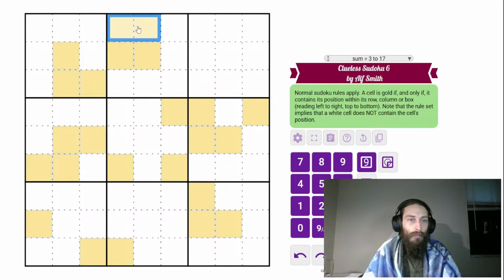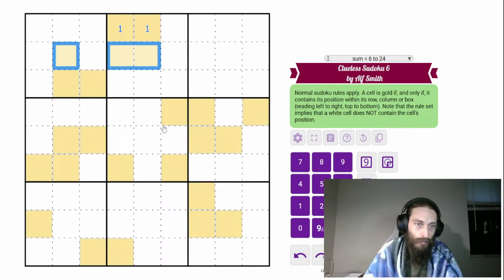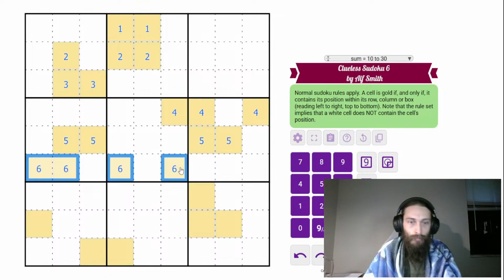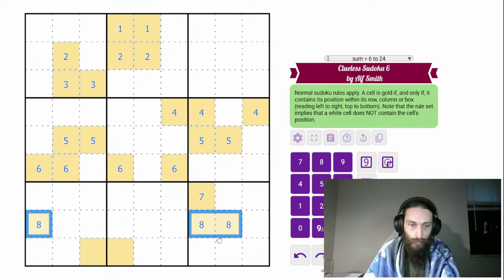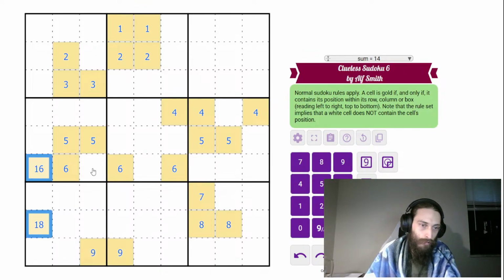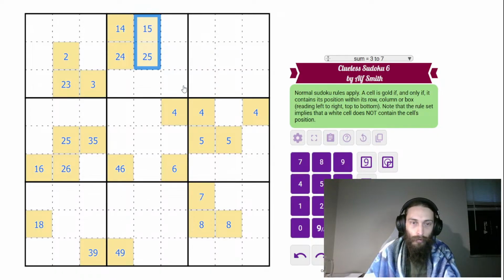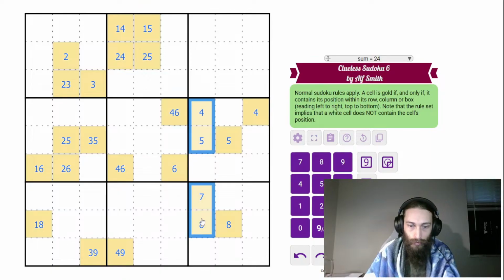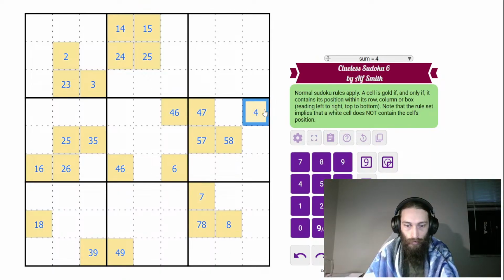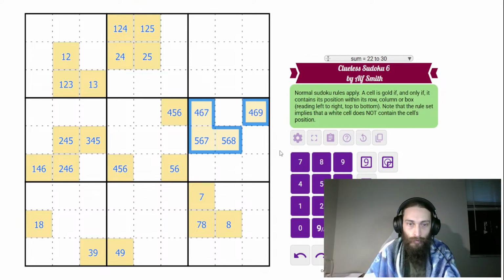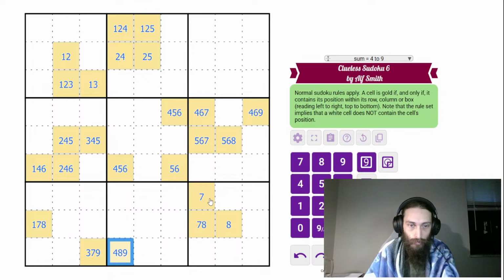Okay, well, these ones are row 1, row 2, row 3, row 4, row 5, row 6, row 7, row 8, and row 9, column 1 through column 9, and then box 1, box 2, 4, 5, 6, 7, 8, and 9.